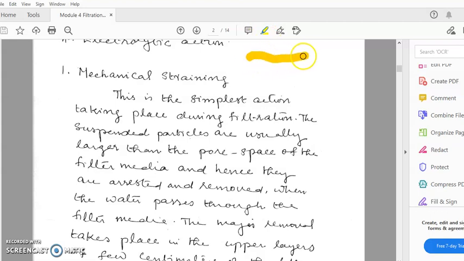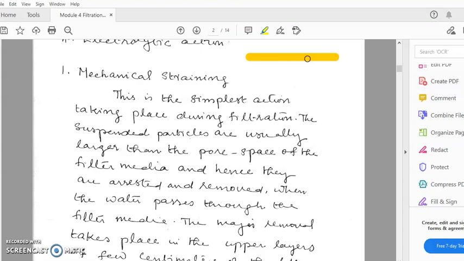Mechanical straining, we know, is by physical action. There is a filter, just like a mat filter. We are pouring water. When you pour water through that mat filter, the particles of larger size will settle or be removed in the strainer, and the remaining water or the liquid will fall down.